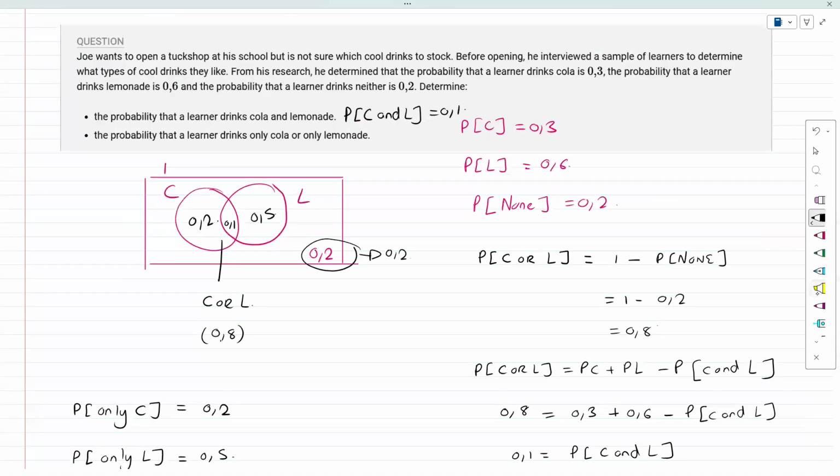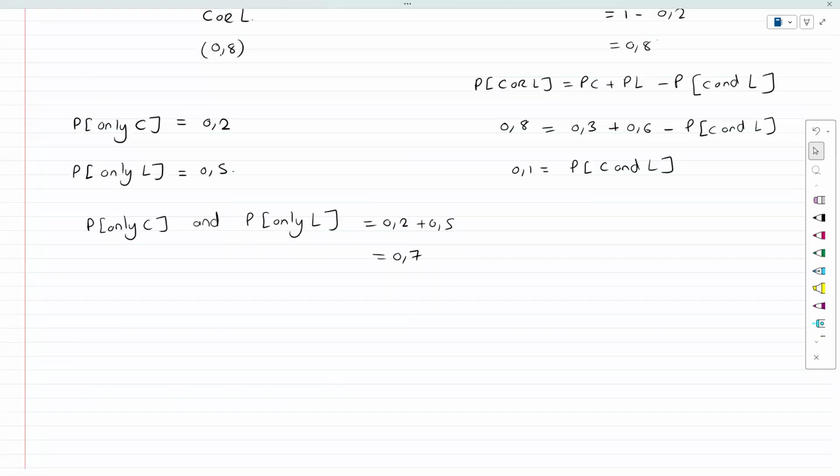If you had a Venn diagram, it's very easy to look at it and say 0.5 and 0.2. These questions are meant to be done without a Venn diagram, but nothing stops you from drawing the Venn diagram to answer it, because everybody's going to find some way different to answer.